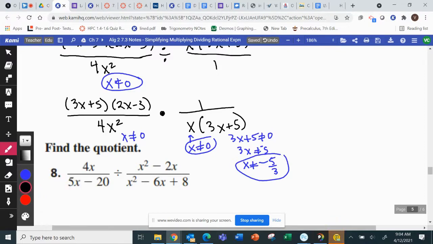When we multiply, how do we multiply fractions, Holland? Straight across. So I'm going to go straight across.